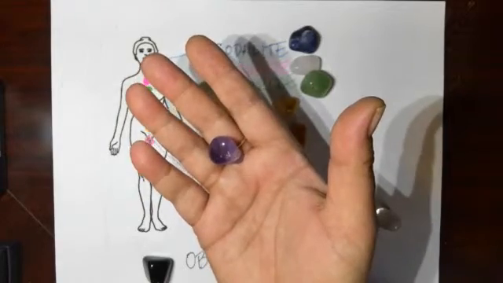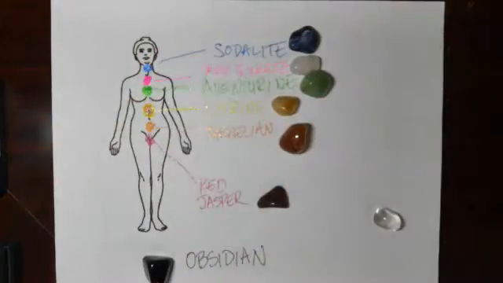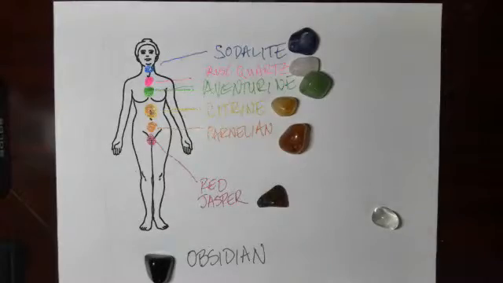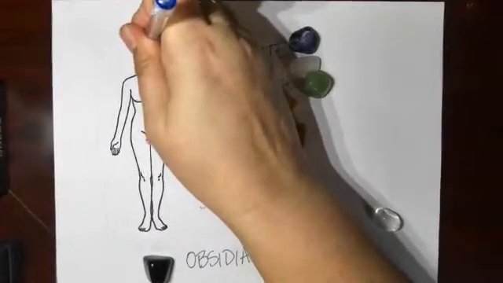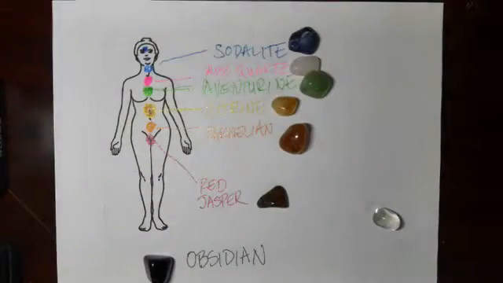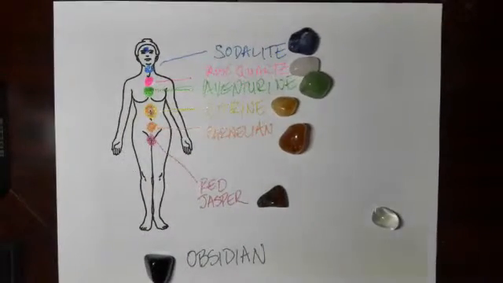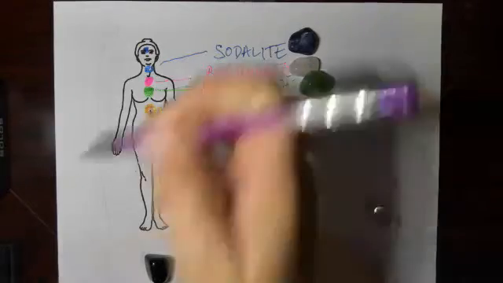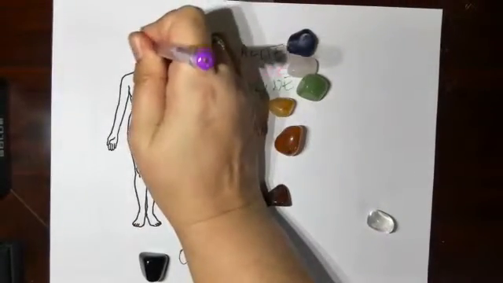It is a stone of intuition and mysticism. We're going to place it right here in our brow chakra. Actually, let me use a different color for that. Here we go. I have my pens laid out. I'm going to put it right here in the brow chakra.